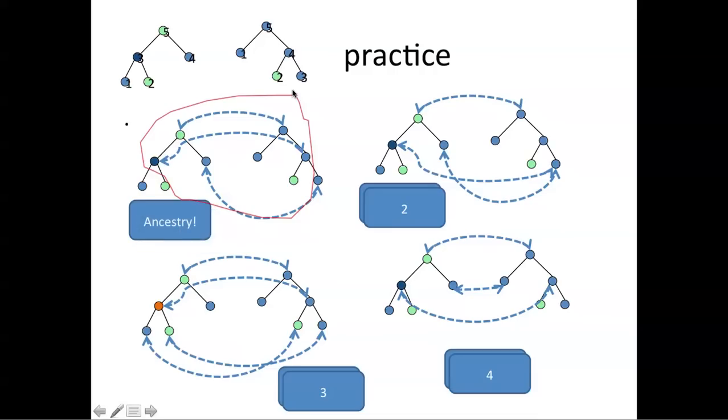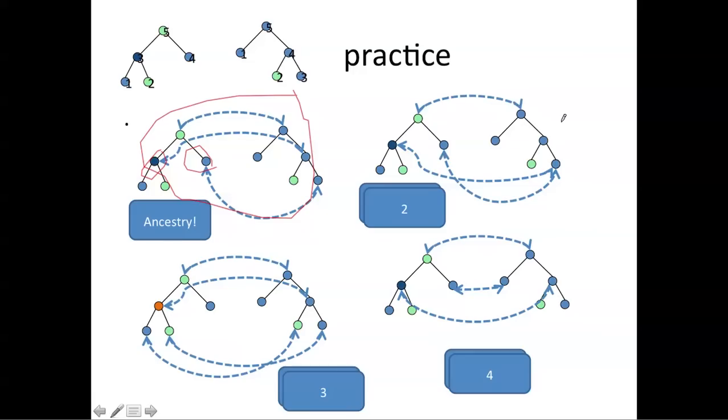And the answer is no. This mapping is not preserving the ancestry relation, because this node here was not an ancestor of this one, but after the transformation, it became an ancestor, and this is not allowed.